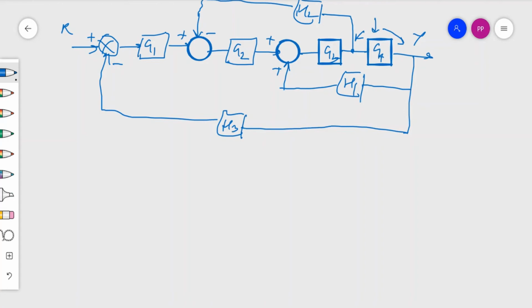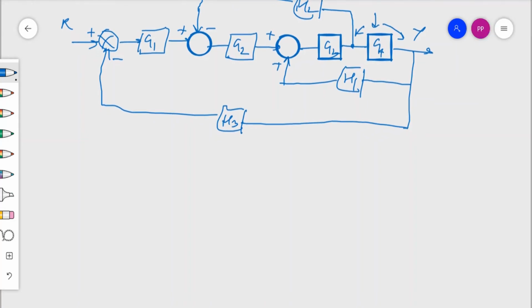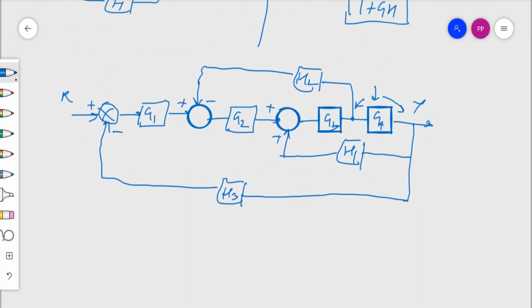Let us do it in an innovative way. So this is our diagram, and we can remove certain points and make things available for us.